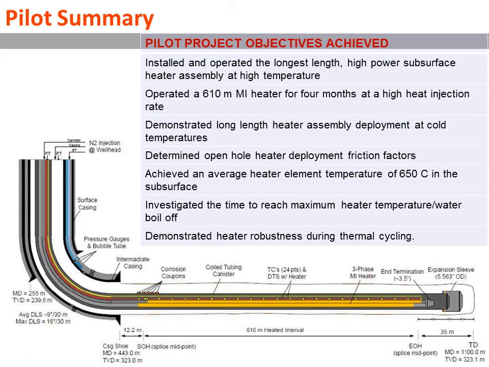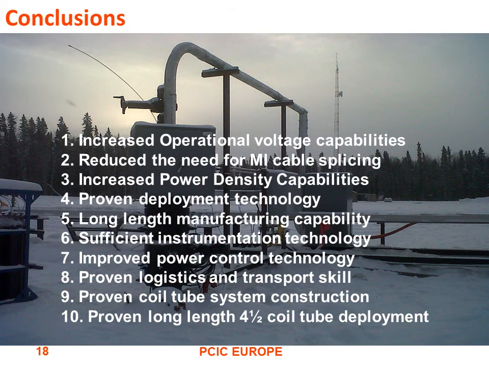We achieved a temperature of 650 C in the subsurface. We investigated the time to reach maximum heater temperature with water boil off, and we demonstrated the robustness of the heater in thermal cycling. So the conclusions of this test were, we have indeed a process to increase the operational voltage capabilities of the MI cable.